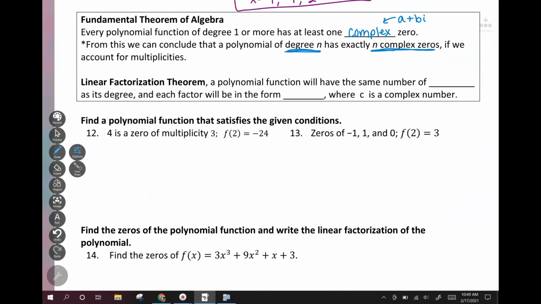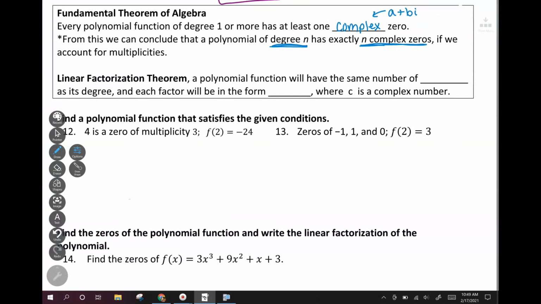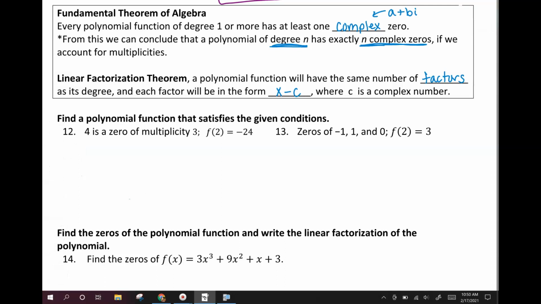Okay, the linear factorization theorem. A polynomial function will have the same number of factors as its degree, and each factor will be in the form x minus c, where c is a complex number. So it's saying that you will have the same number of linear factors as the degree, which makes sense because we know every zero corresponds to a factor.